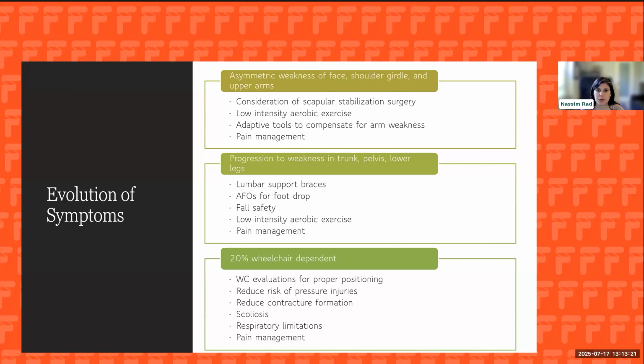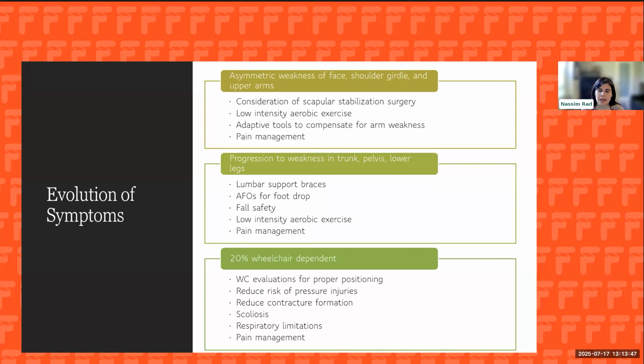This is the time when we're looking at how we add low intensity aerobic activities and adaptive tools to compensate for the arm weakness. When we have imbalances in those shoulder muscles and neck muscles, that imbalance in muscle weakness causes pain or can contribute to pain. And we'll have pain discussions in a few slides.